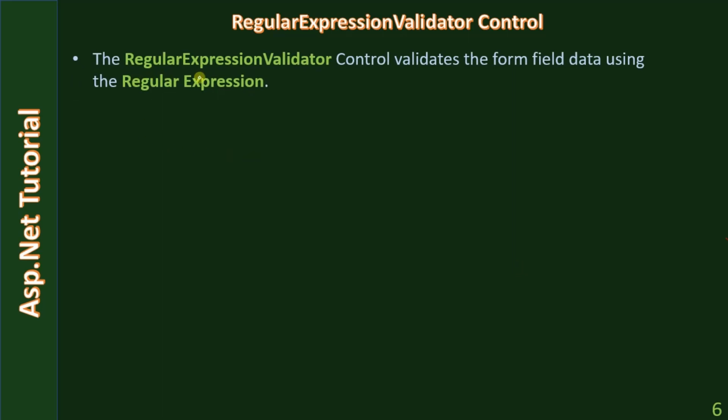The regular expression validator control validates form field data using the regular expression. A regular expression is a big topic, and you can find a lot of dedicated books that tell how to form the regular expression that performs pattern matching.